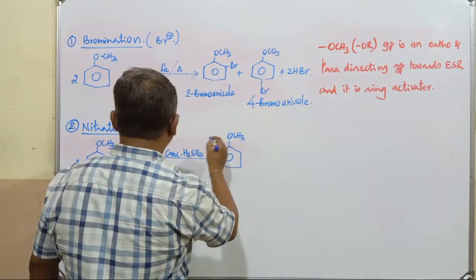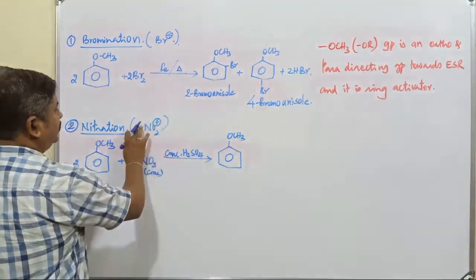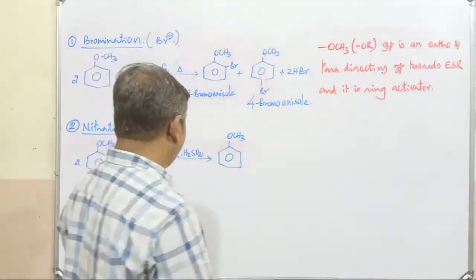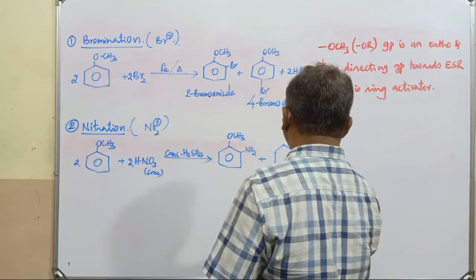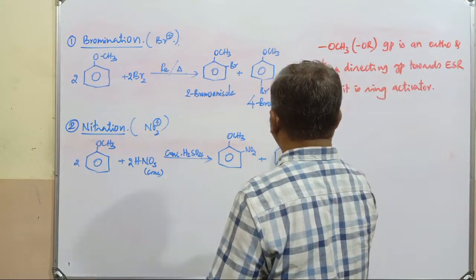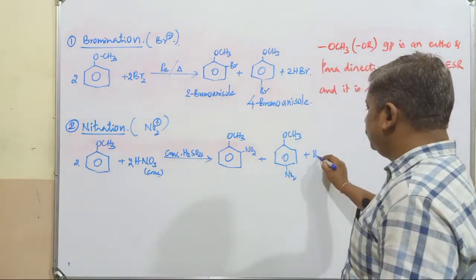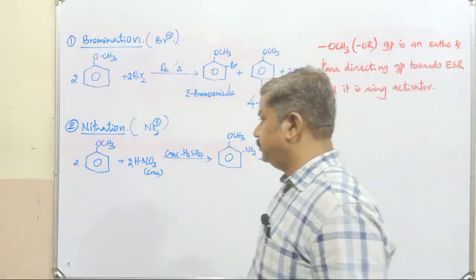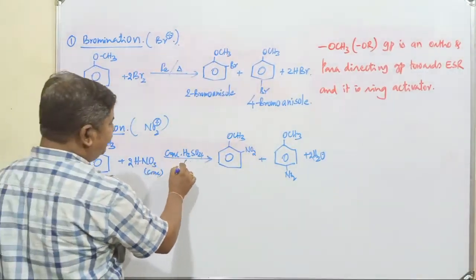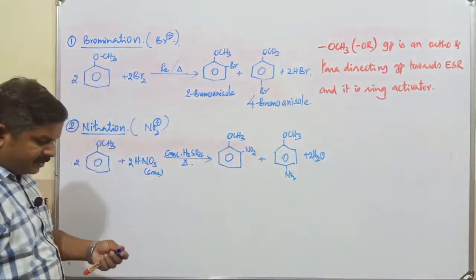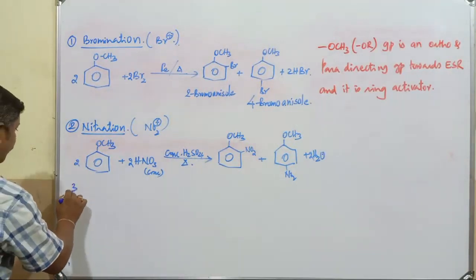OCH3. What's the electrophile in nitration? It is NO2 plus, nitronium ion. This is NO2, and another attack of the electrophile takes place at para position. It is NO2 plus H2, 2 moles of H2. Anisole on treatment with concentrated nitric acid and concentrated sulfuric acid forms 2-nitroanisole and 4-nitroanisole compound.